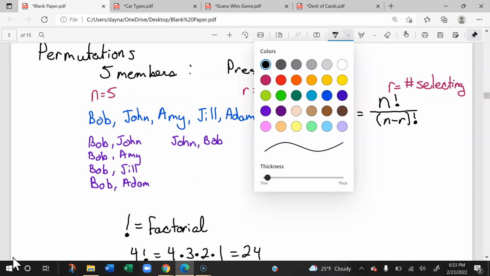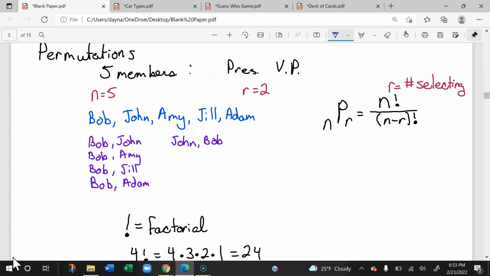Now, in our example here, it would be 5 permutation 2. So we would have 5 factorial divided by a 5 minus 2 factorial. Now I can simplify this because, first of all, 5 minus 2, that's 5 factorial divided by 3 factorial.